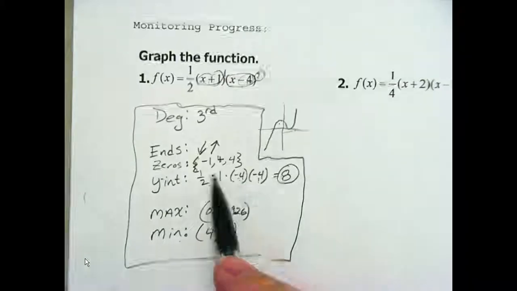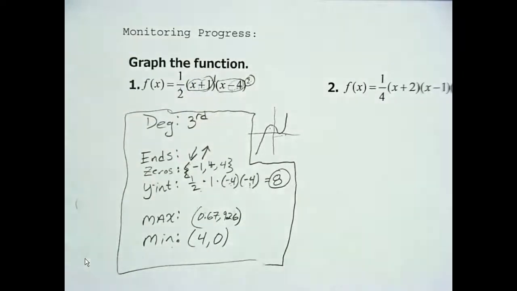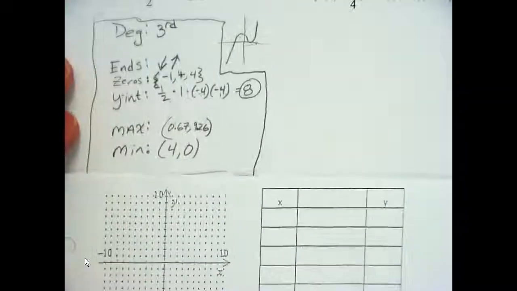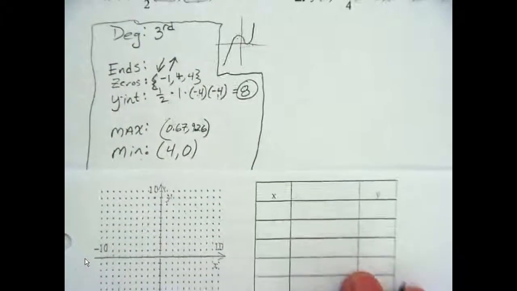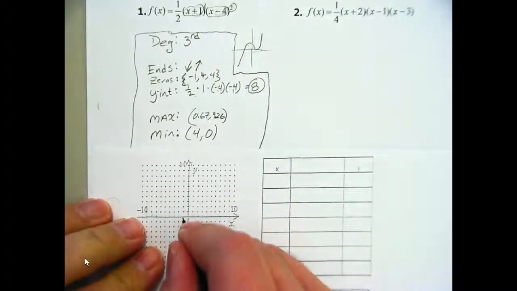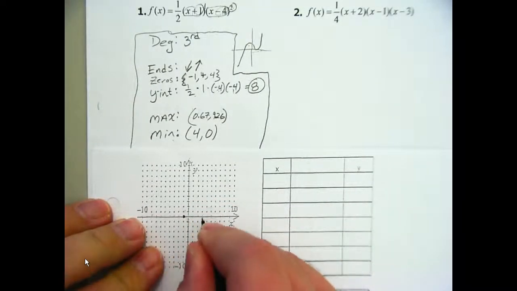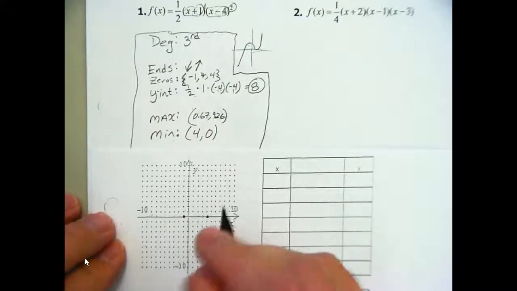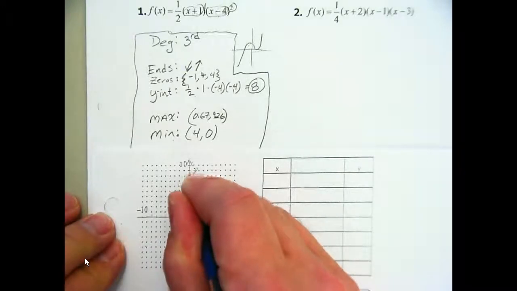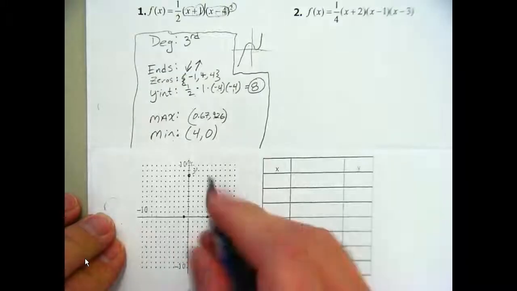Plot your zeros, and go through and put all those things together. Notice I put my zeros, my y-intercept.